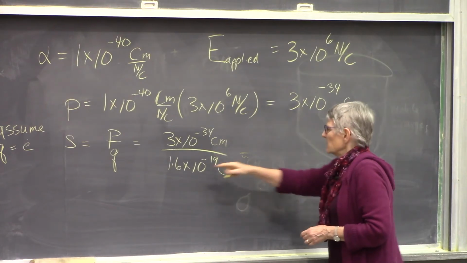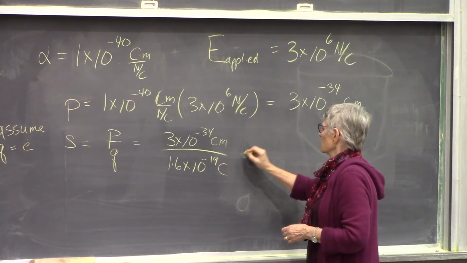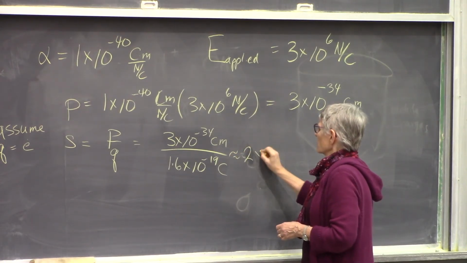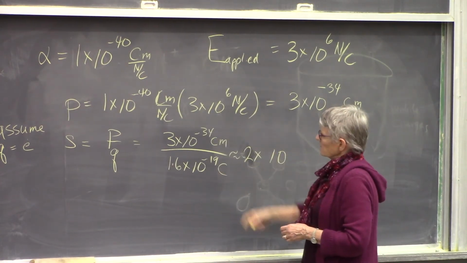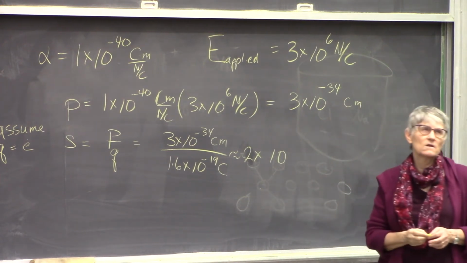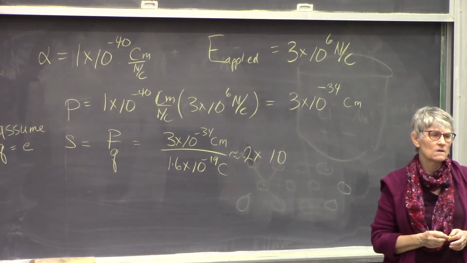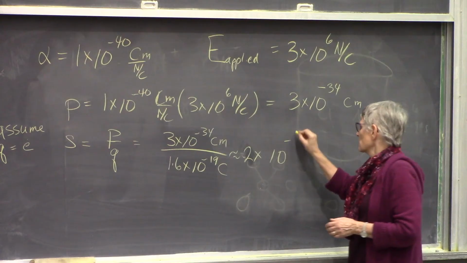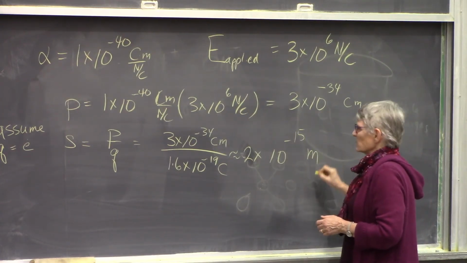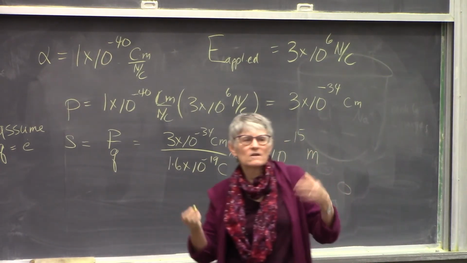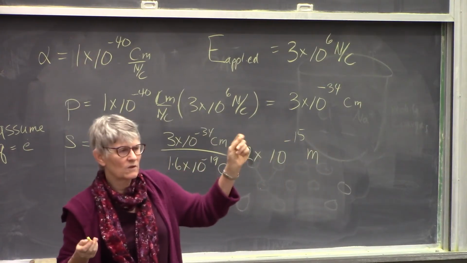So that's roughly 2 times 10 to the minus 15 meters, roughly twice the diameter of the nucleus, so a tiny shift.